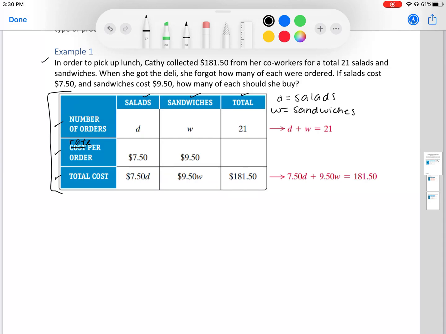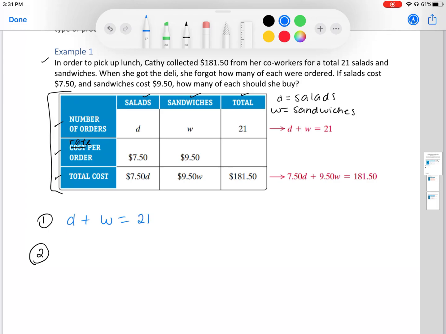While the chart is helpful, the way I think about it is I make an equation. I know we're going to have two equations. Our first equation is maybe, in a general sense, the quantity, how much we're working with. And then you're going to have another equation where you're working with maybe a cost of something. So if we're thinking of items, we have salads plus sandwiches equals, well, how many orders do we have?